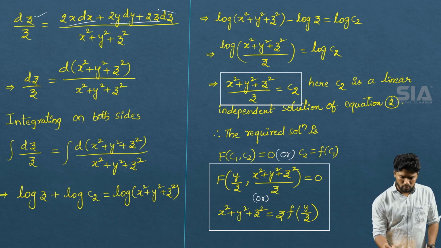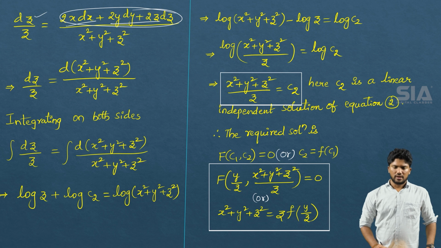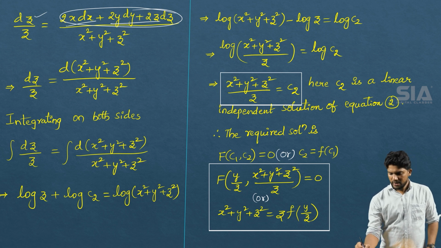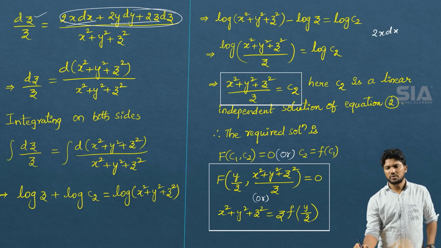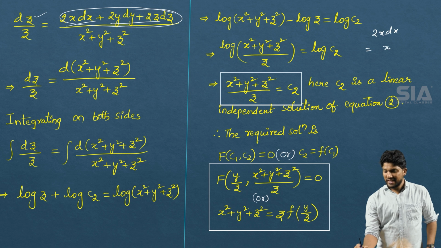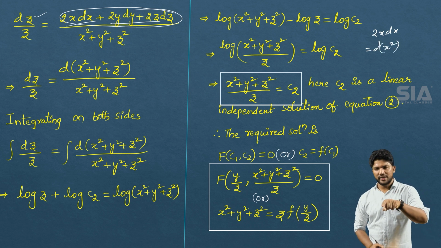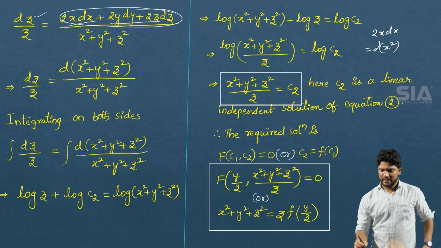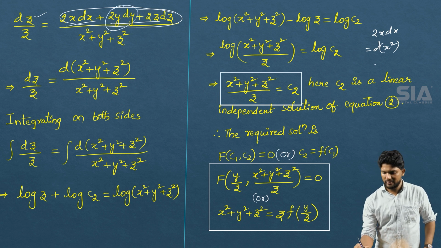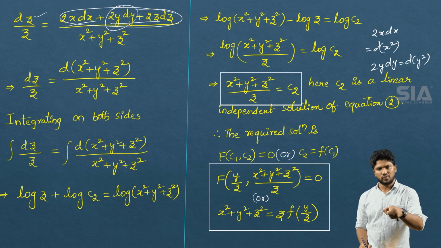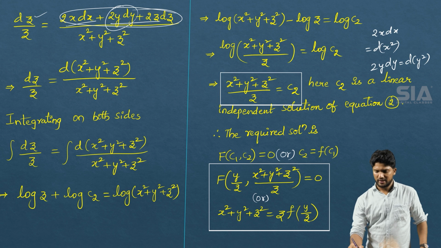Now this total numerator value we can write: 2x dx is there. How can you write 2x dx? Differentiation of x square only, x square differentiation is 2x dx. Next, the second term, 2y dy. How can you write 2y dy? Differentiation of y square only, y square differentiation is 2y dy. Next, 2z dz is there. How can you write it? Differentiation of z square only.